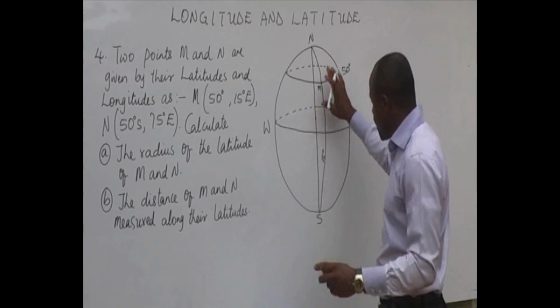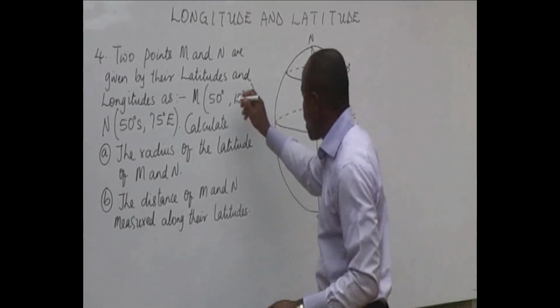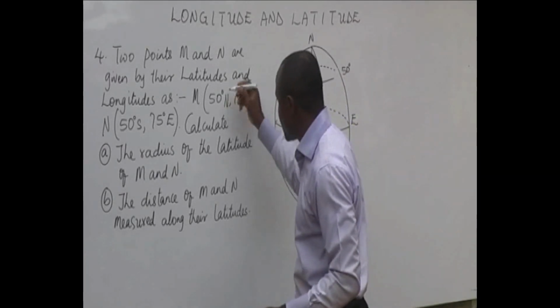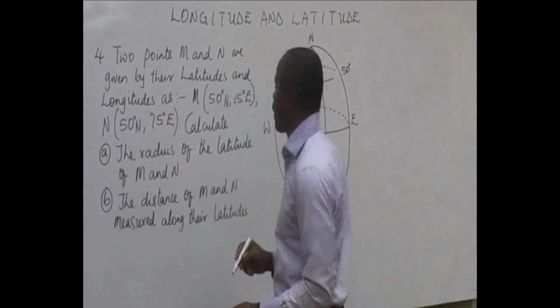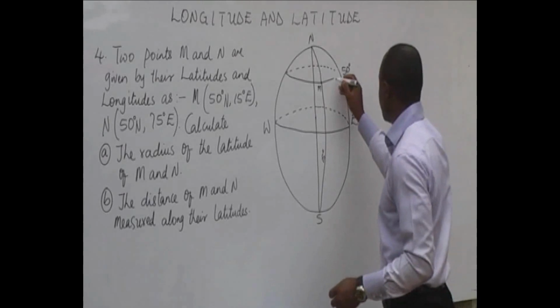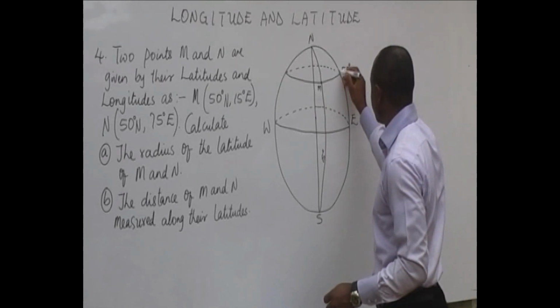But because of the constructions we have made already, let's change these things to north. We still get the same answer, so that you can continue from the diagrams we have drawn already. Sorry for that.